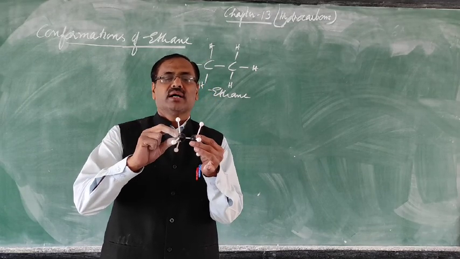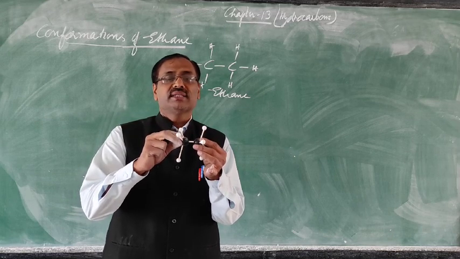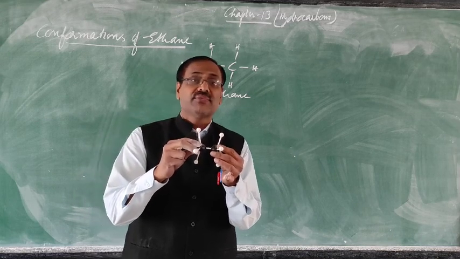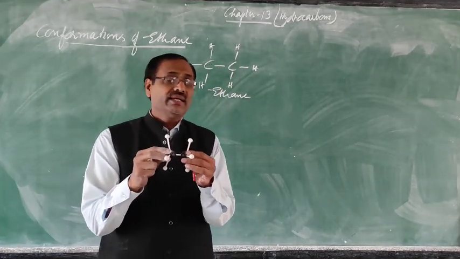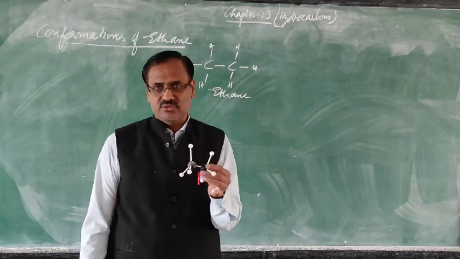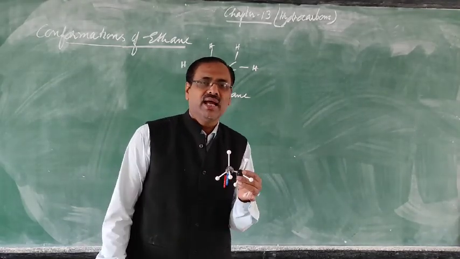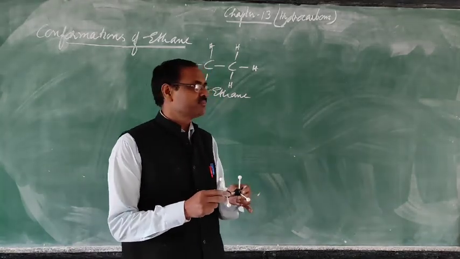One arrangement, another arrangement, another. Like this, an infinite number of arrangements of atoms in space you will get. So regarding ethane, an infinite number of conformations are possible, but only two are important. Two extreme cases are important, and these are staggered and eclipsed.